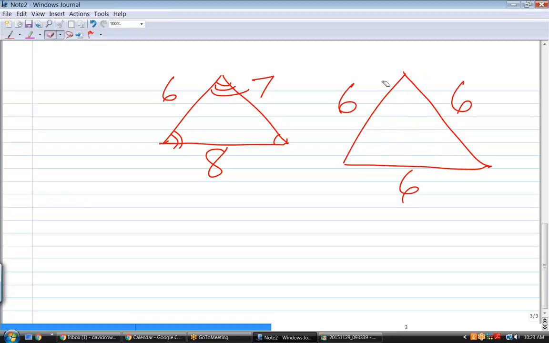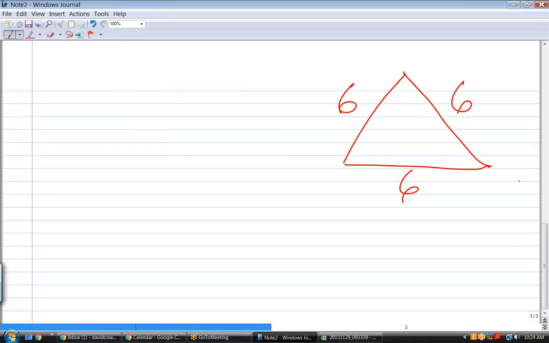If I have 3 equal sides, I can't have one angle be different than another because I wouldn't have the smallest angle opposite the smallest side anymore. So this picture is an important picture to understand. If I've got 3 equal sides, I have to have 3 equal angles. And if I happen to have 3 equal angles, they're all 60. But that's not really the important part. The important part is to understand that they're all equal angles.